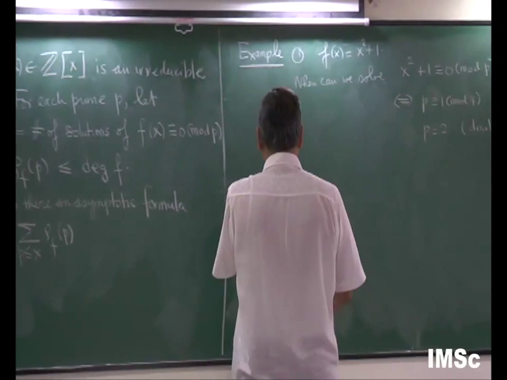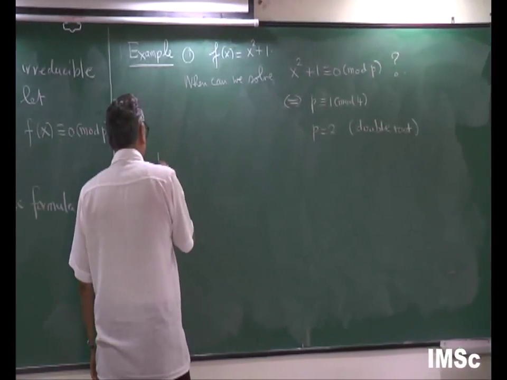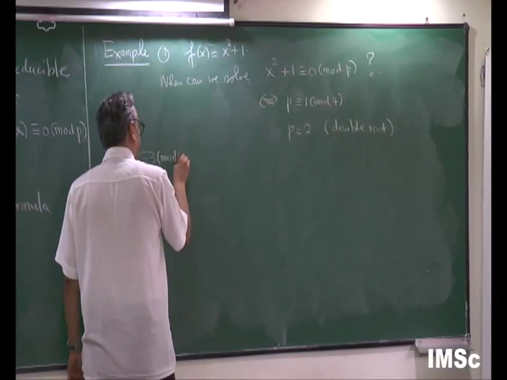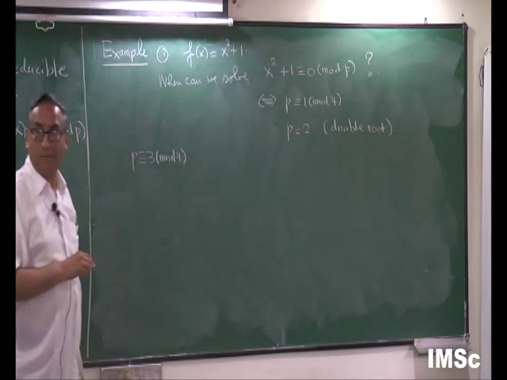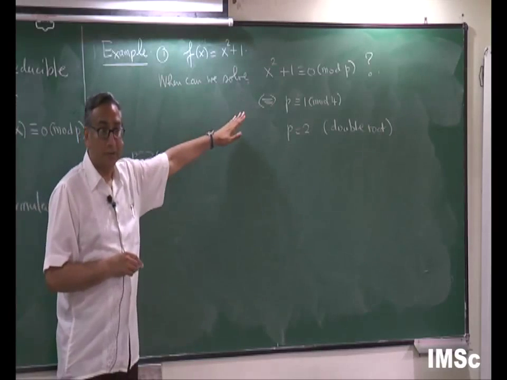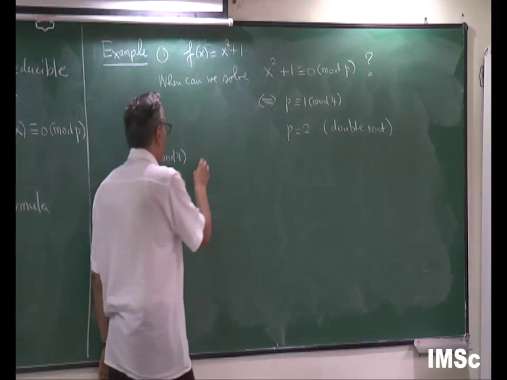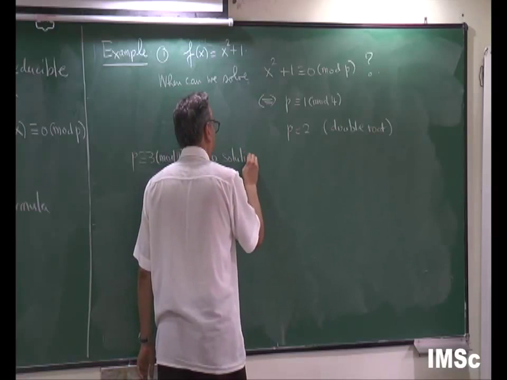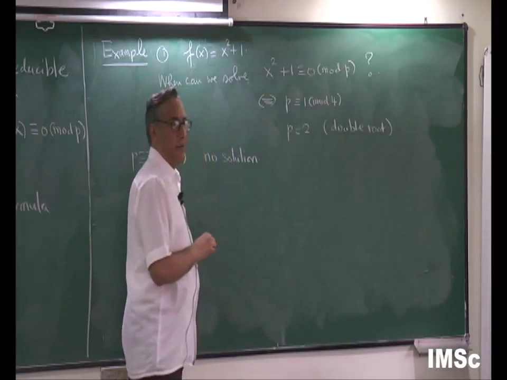First, let's try to show that if p is congruent to 3 mod 4, according to this answer, there's no solution, right? So let's try and show no solution. How do we do that?